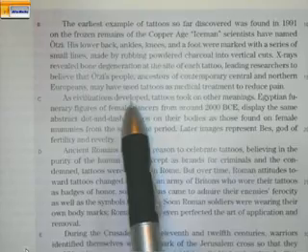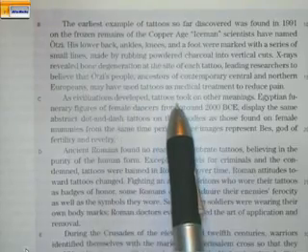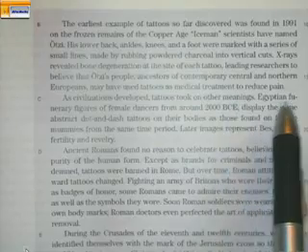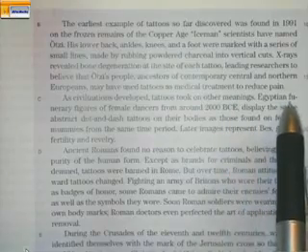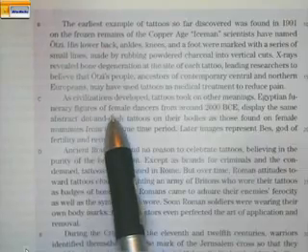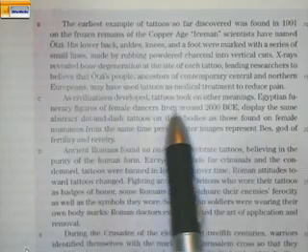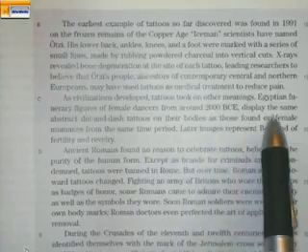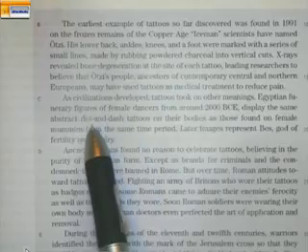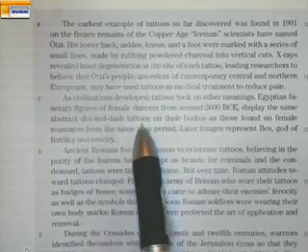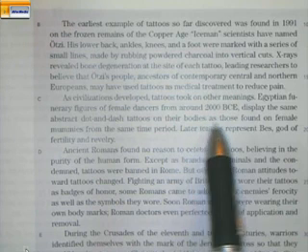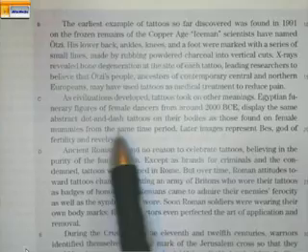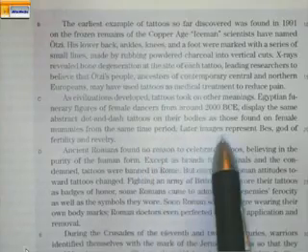As civilizations developed, tattoos took on other meanings. Egyptian funerary figures of female dancers from around 2000 BCE display the same abstract dot and dash tattoos on their bodies as those found on female mummies from the same time period.